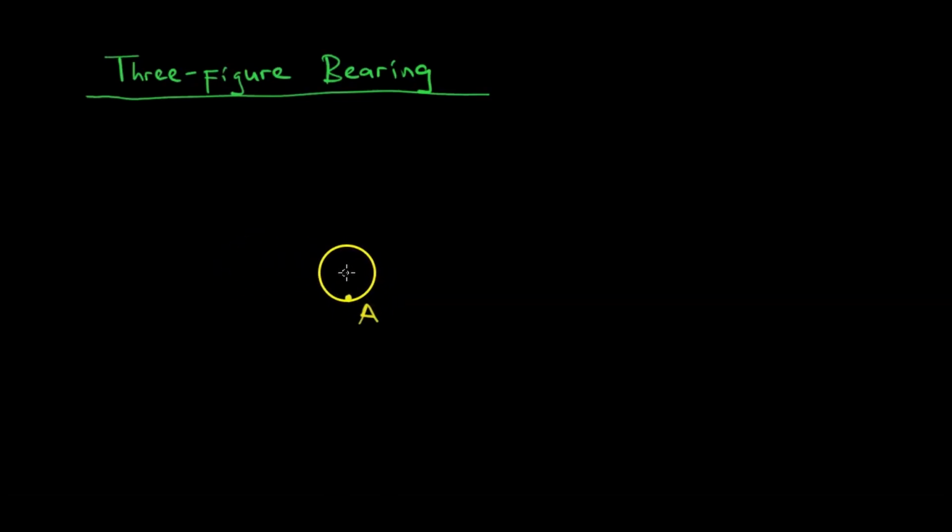As you know from our previous class, the pointer of a compass always points in the north direction. Standing at point A, you are looking at three things. The first, which you are facing, is a tree. So this is a tree.